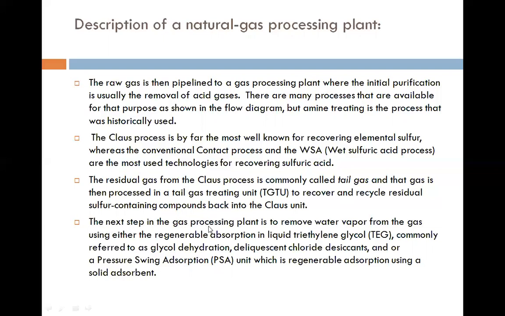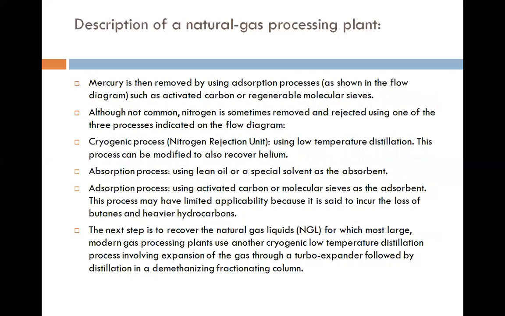The next step in the gas processing plant is to remove water vapor from the gas using either regenerable adsorption in liquid TEG, triethylene glycol, commonly known as glycol dehydration. We can also remove water in the pressure swing adsorption unit, which is regenerable adsorption using a solid adsorbent.